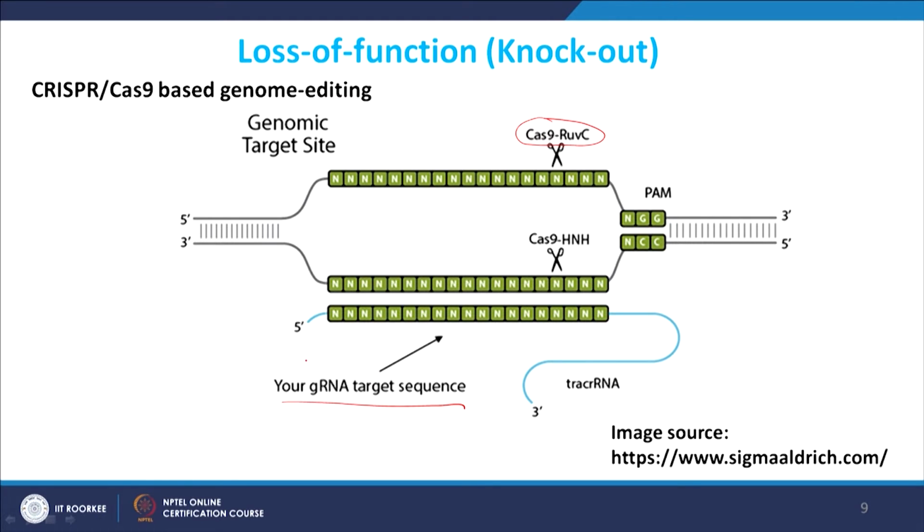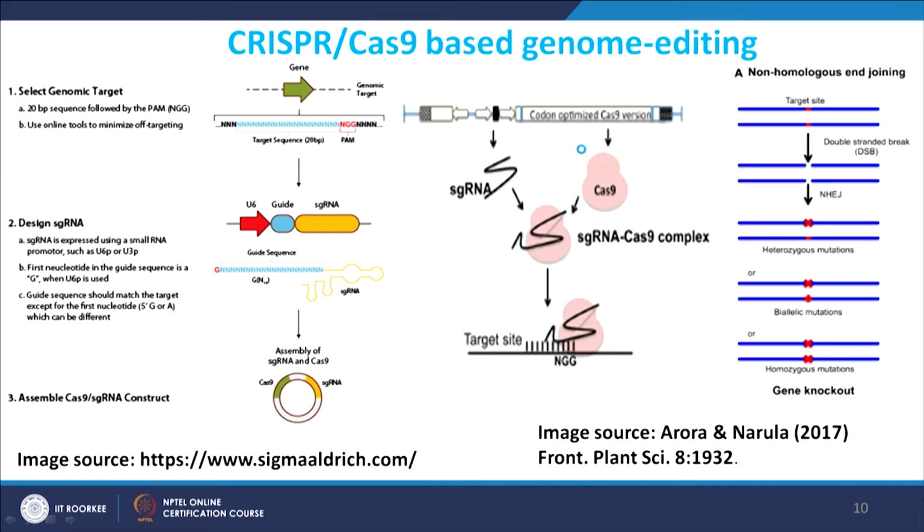This guide RNA you can target to your sequence wherever you want. So, you can design a very targeted guide RNA, and then you express this guide RNA along with the Cas9 protein. Maybe that will be clear here. Let's assume this is your gene and you want to edit or disrupt this gene.